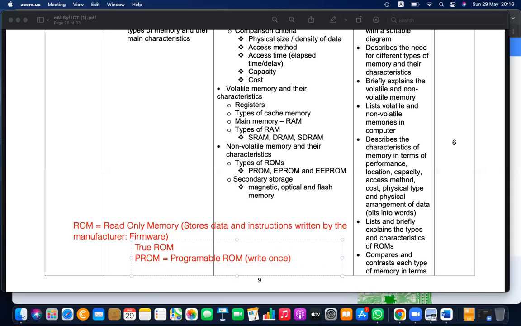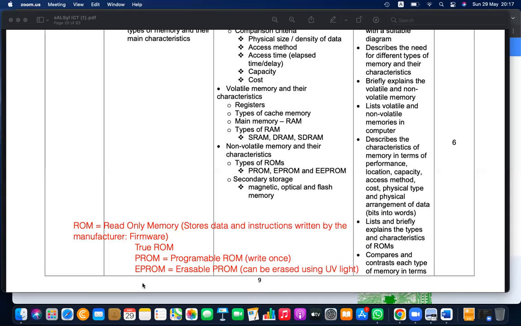Then you have erasable programmable read-only memory, EPROM, which can be erased using UV light, ultraviolet light.